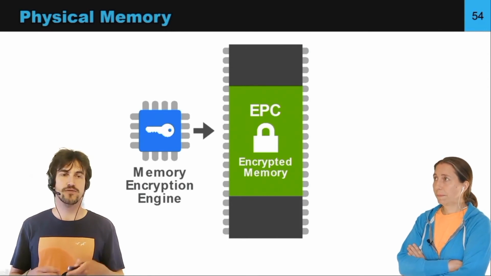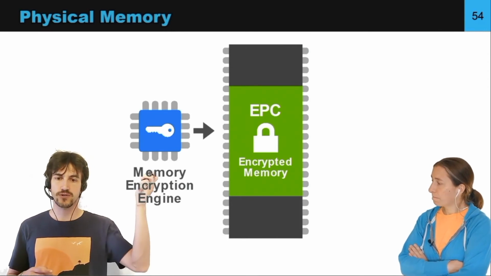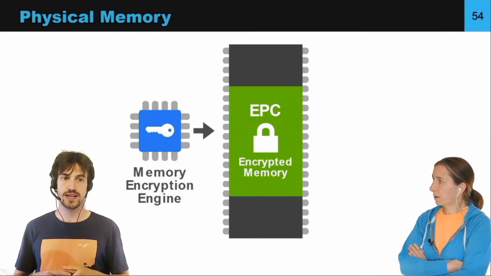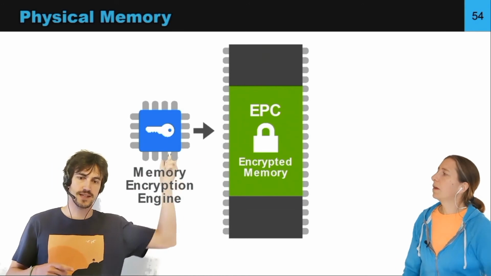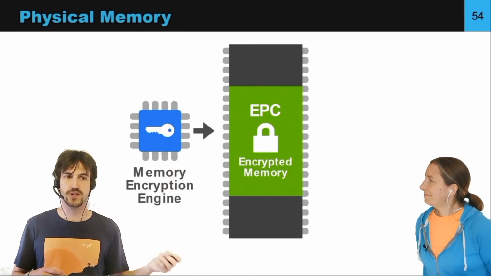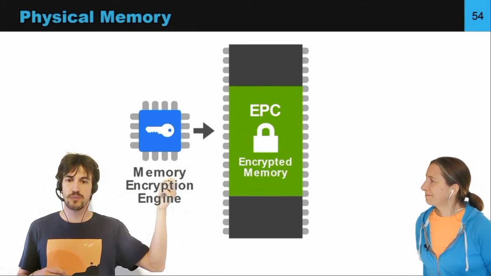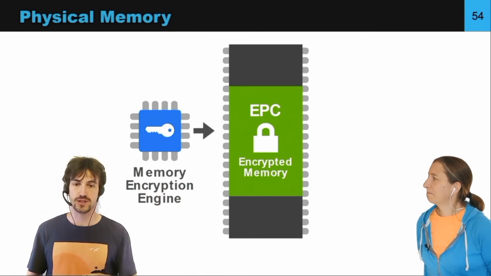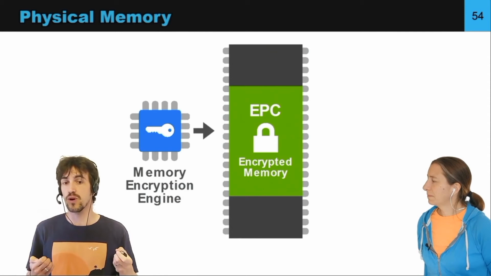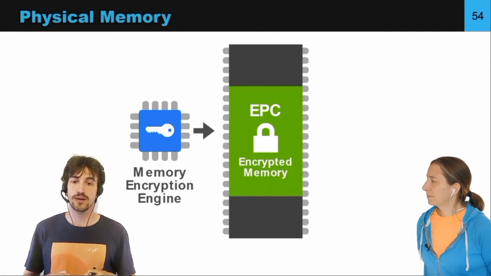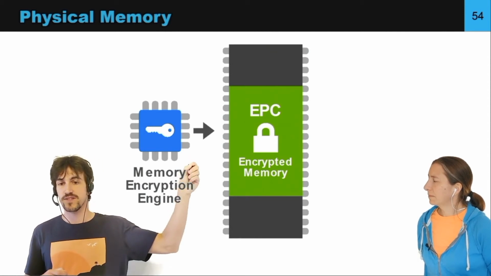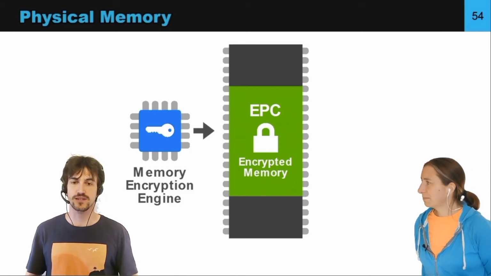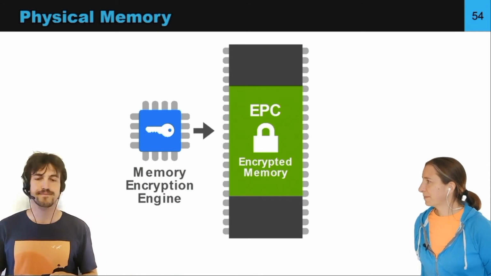Whenever an enclave writes something to memory, it goes through this memory encryption engine, is encrypted with a key that is not accessible even to the operating system, and is then written into DRAM, and vice versa. When you read it back, the memory encryption engine will first check that the data has not been changed, for instance that you have not flipped a bit with Rowhammer in DRAM. Only if that's valid, it will pass it on to the enclave and provide the decrypted data to the enclave. Clever.